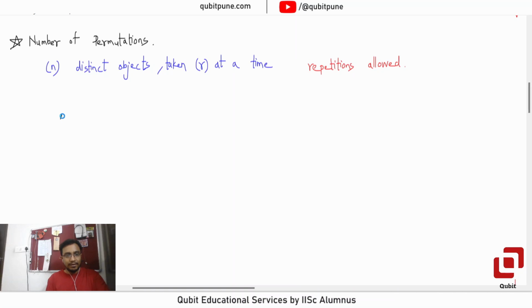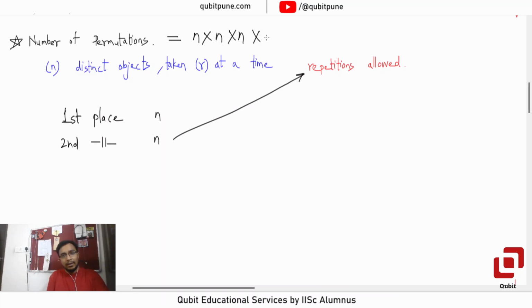For the first place, how many options are available? n. For the second place also there are n objects available because repetitions are allowed, and therefore the total number of permutations will be n into n into n, r times. So that is n raised to r.